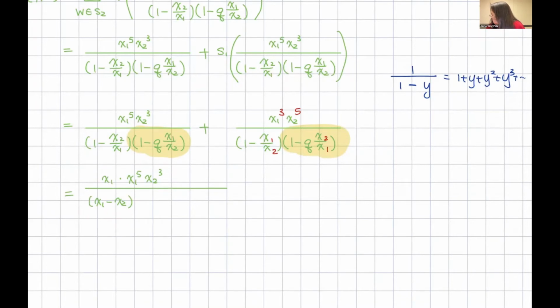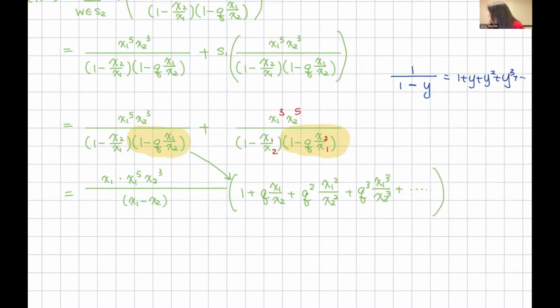Now I'm going to multiply this by 1 plus q x1 over x2 plus q squared x1 squared over x2 squared plus q cubed x1 cubed over x2 cubed, dot, dot, dot. Okay, I hope that is clear.